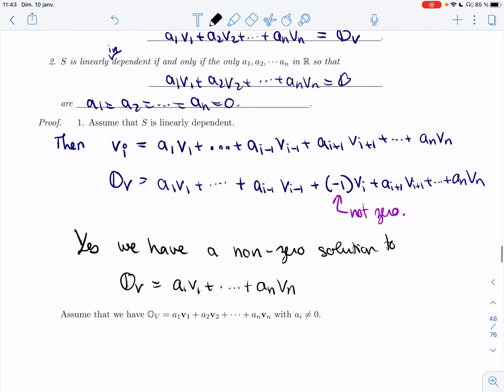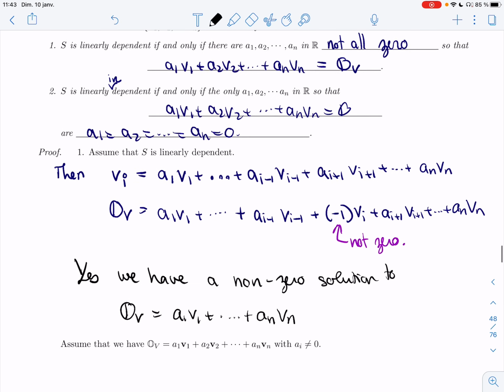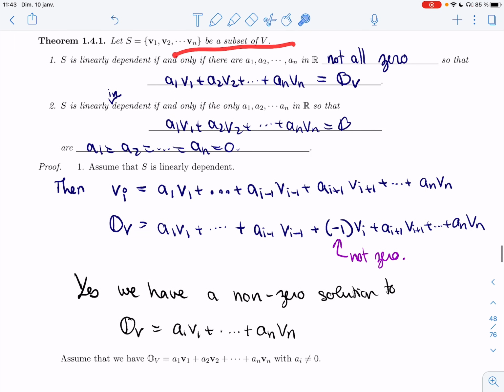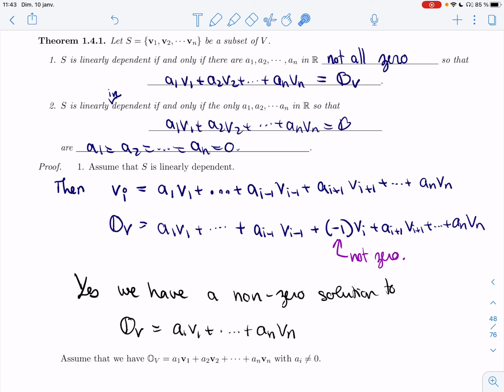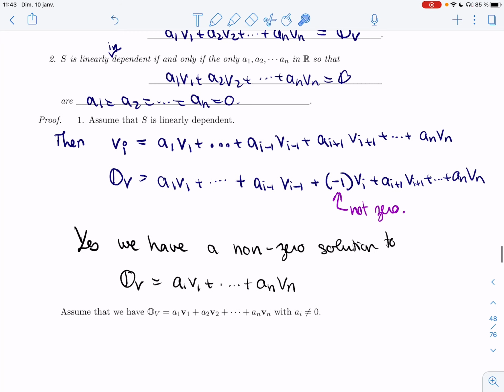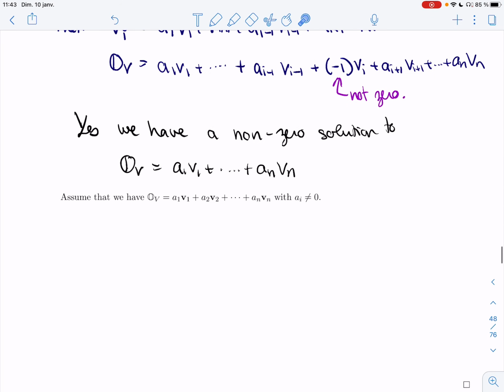Then the second one, I'm going to assume that we do have this part, that we do have a solution that's non-zero, and from it, I want to prove that S is linearly dependent. So I want to write one of the vectors as a linear combination of the other ones. All right, so I'm assuming that I have the zero element of V written as a linear combination, and I'm told that one of them is not zero. So let's assume ai is not zero.